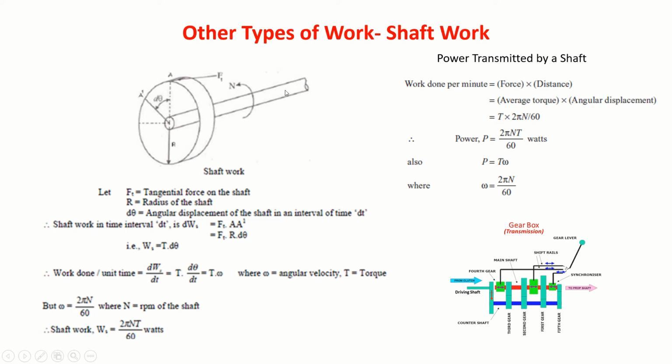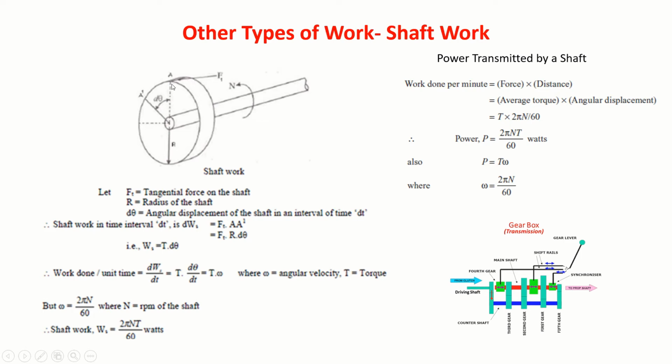Assume here I have a shaft. At the end of the shaft, I have mounted a pulley. I am applying a force tangential to this. That force is, let us say, Ft. When I apply a force tangentially, it will have a displacement.